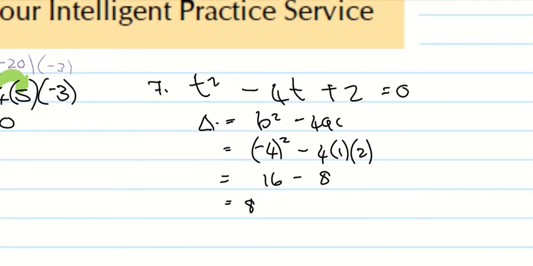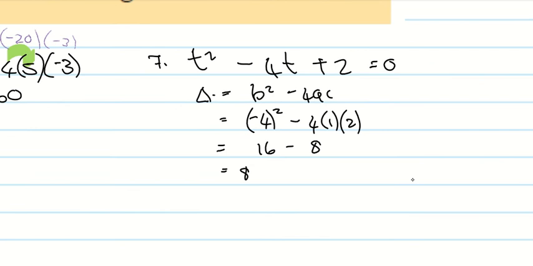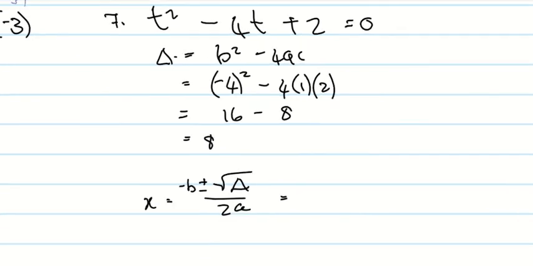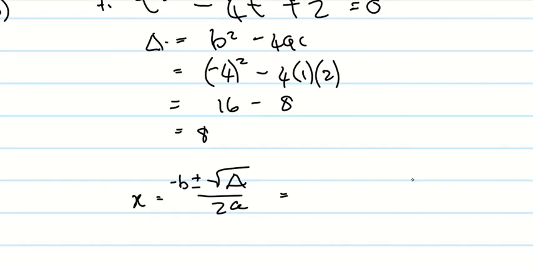All right. So that means we have a solution, and then we say x is equal to negative b plus minus the square root of the discriminant over 2a. Now I do my substitution. My b value is negative 4, so it becomes a positive 4.